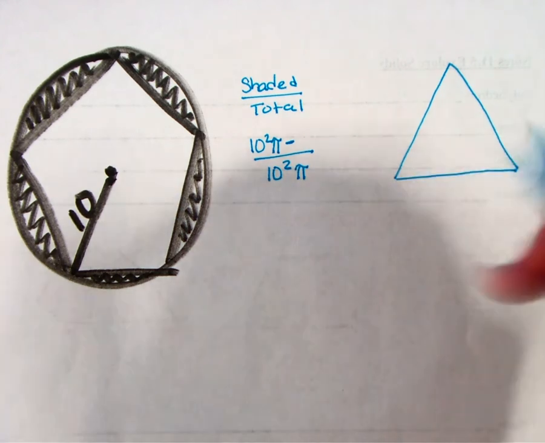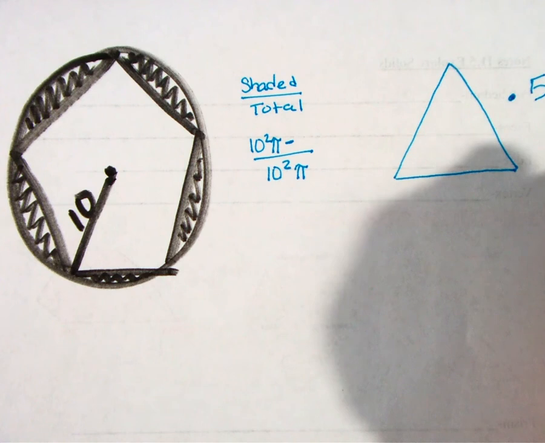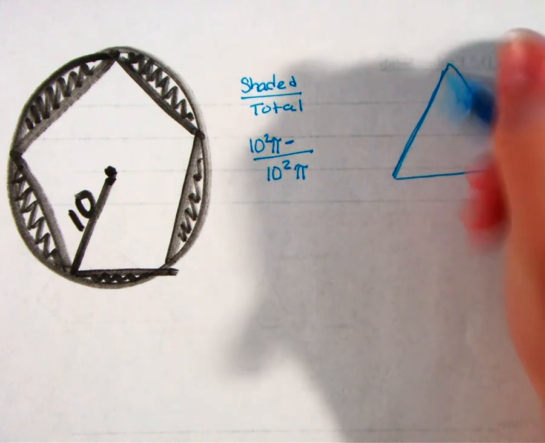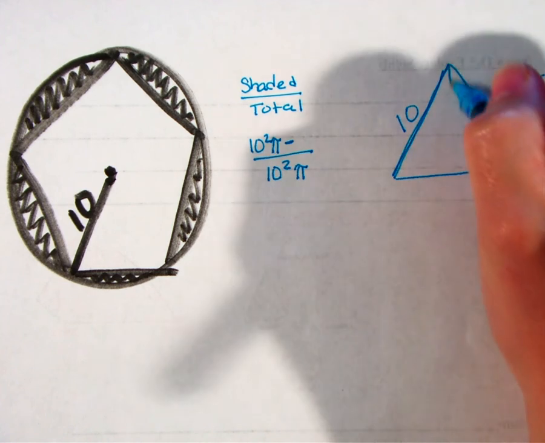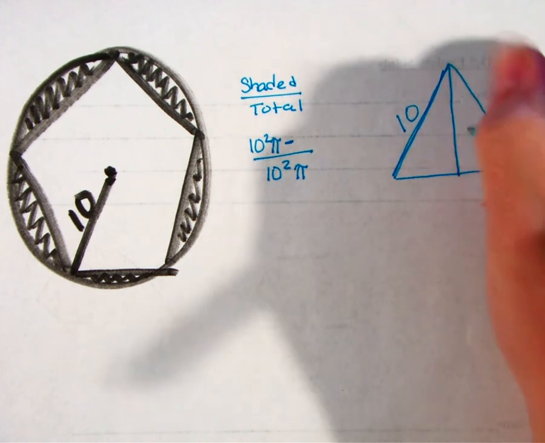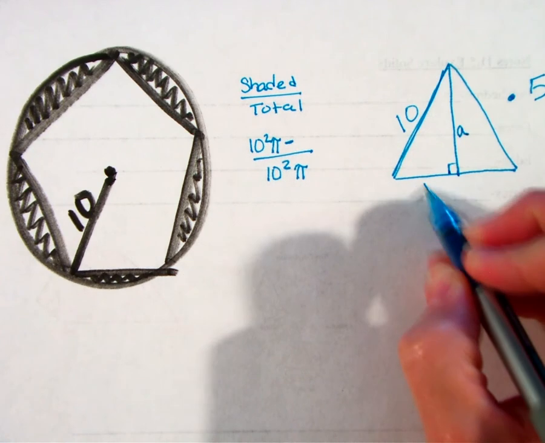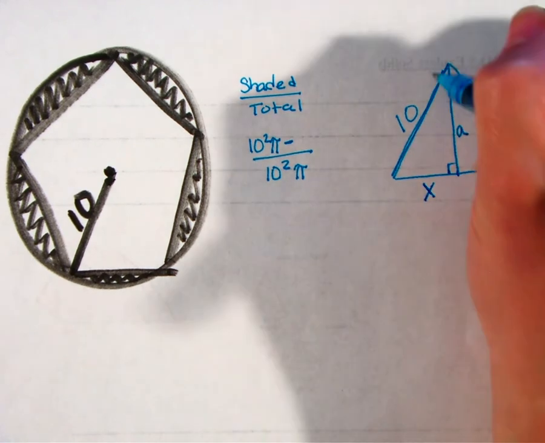Okay, so over here on our pentagon, we have 5 of these shapes, right? This side length here is 10. Let's bring down the apothem. Draw in our 90 degrees. Let's put X on the half of the base, because I need to know what that is.